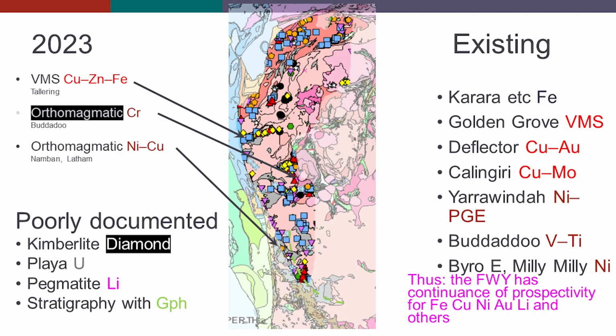And people who have been looking north of Youanmi have also found, in this location but also at Latham, which I think is about here, some smaller examples of nickel copper deposits.